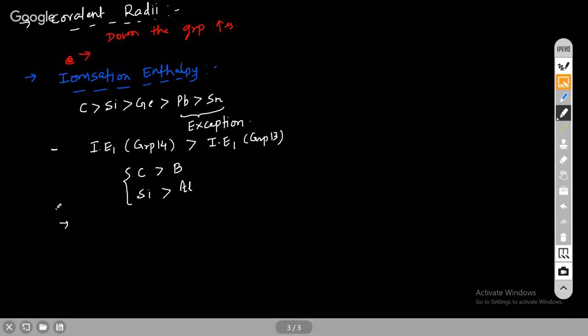Okay, thank you. Okay, so this is the trend we have. Correct? So you must remember these values, exceptions that we have here. Next, write down electronegativity. Write down quickly.